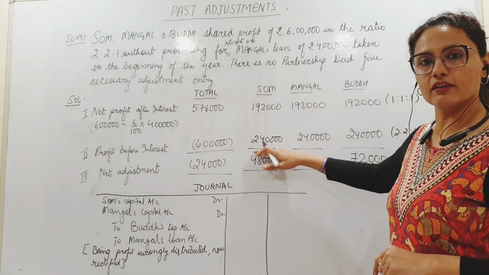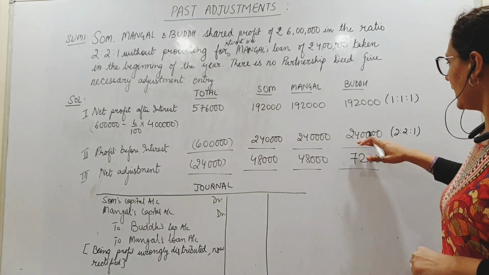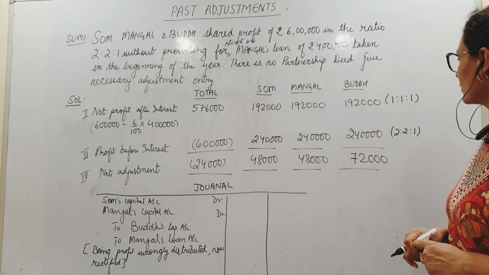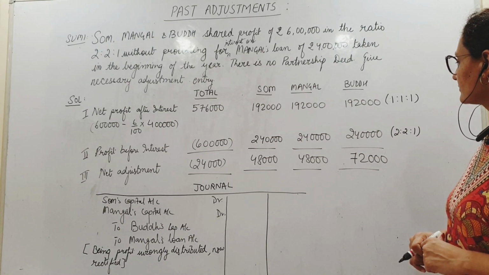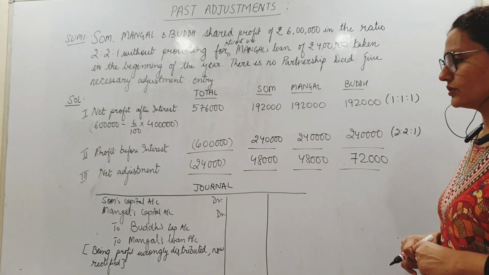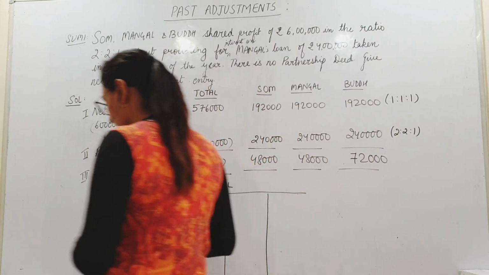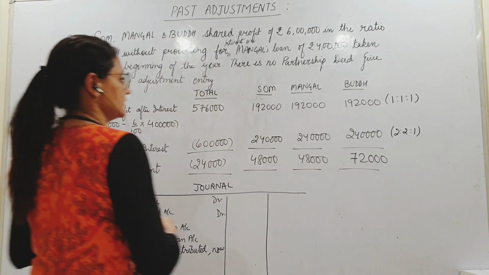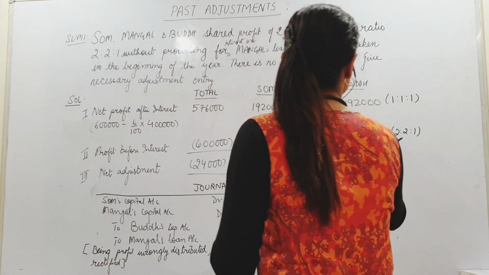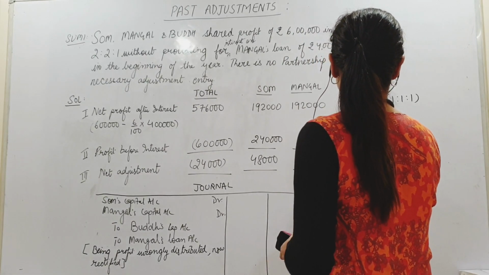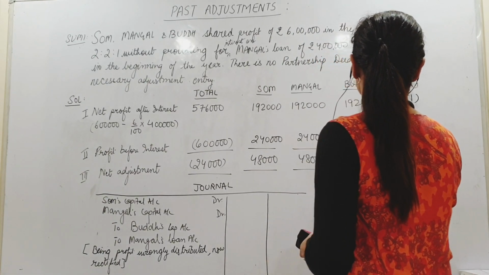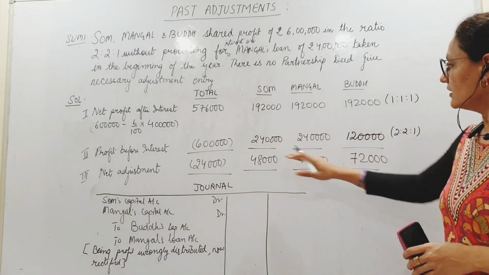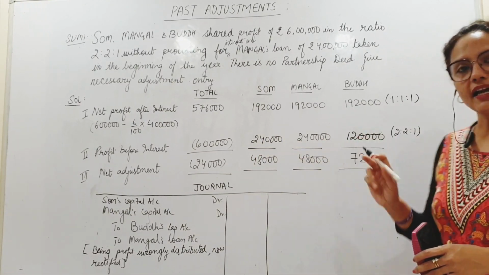That comes to 2,40,000 and 2,40,000 again, and 1,20,000. Okay, 2:2:1. 2,40,000, 2,40,000 and 1,20,000.